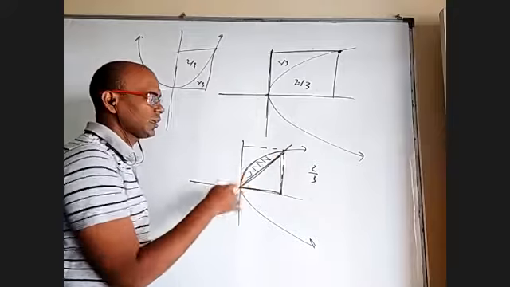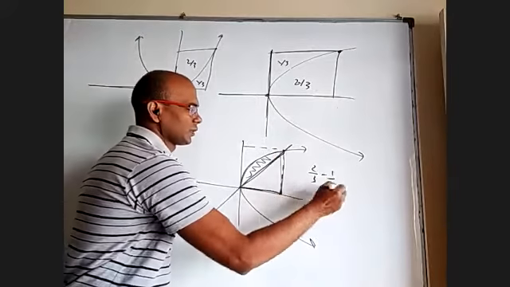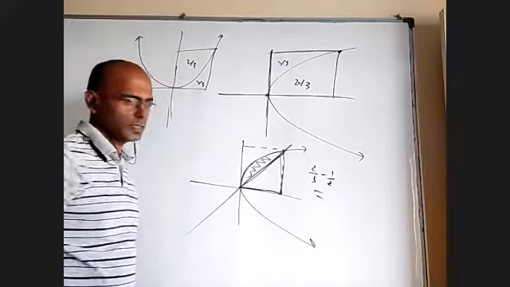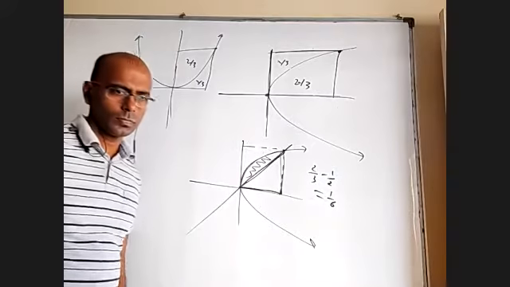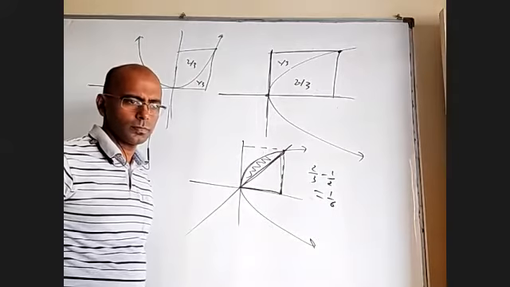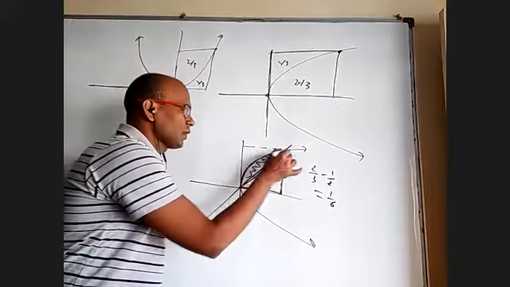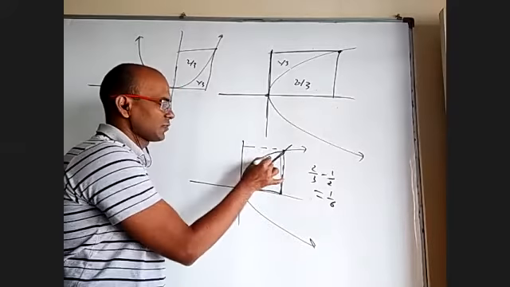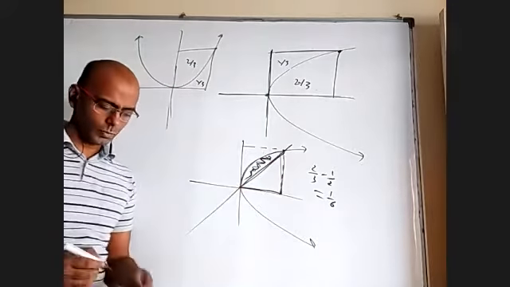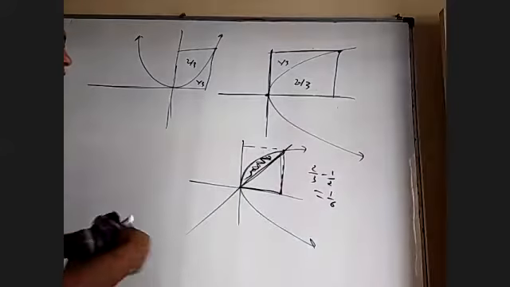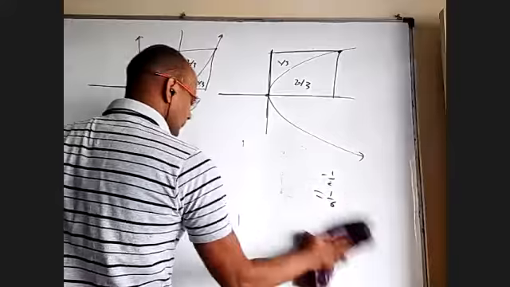In a rectangle, the diagonal divides it into two areas, so I have to subtract half. What is 2/3 minus half? Is it 1/6? Correct? Yes, sir. So whenever a parabola is there and a line is like this, if you want this area, it will be 1/6 of this rectangle. Now, based on this, let us look at a few questions.